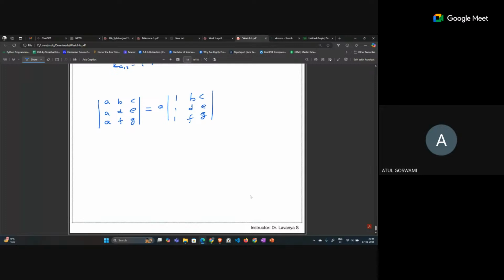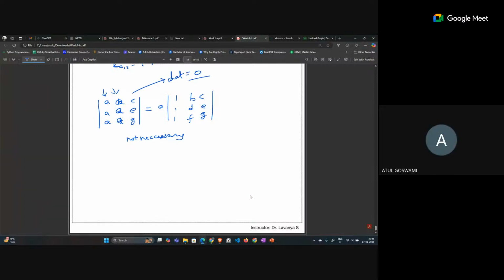So either two rows or two columns being the same, then this statement holds. Suppose this is also A. Now two columns are the same, and the determinant would be 0, but not for one row or column.